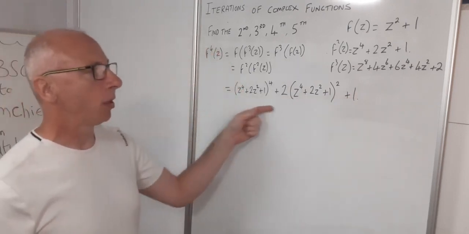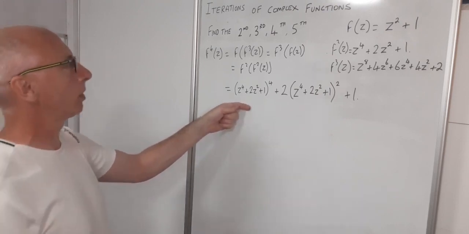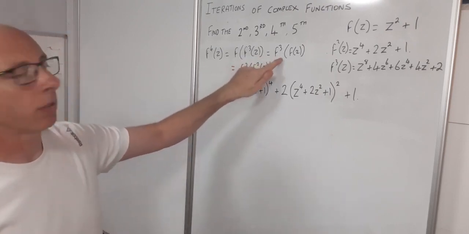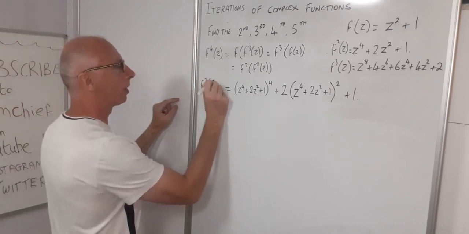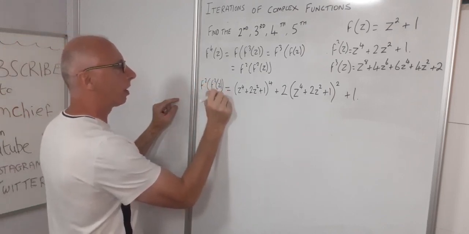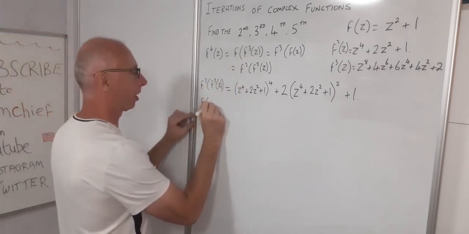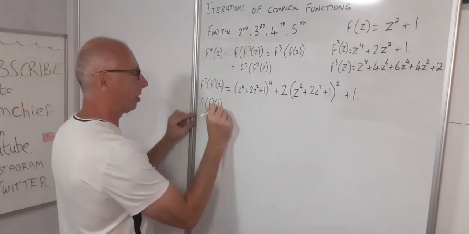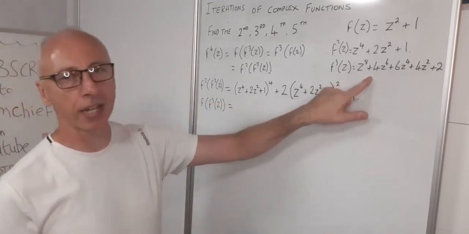Okay, I'm not going to expand this out. I'm going to leave that for you guys to work out. But instead I'm going to write out each one of these so you can see what will happen. Okay, so f of f3 of z. So that's using f of z's rule and inserting f3 of z.